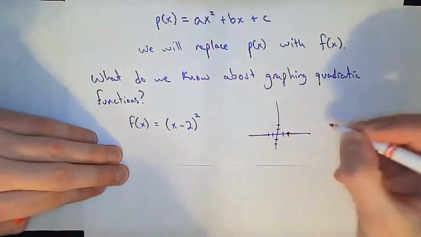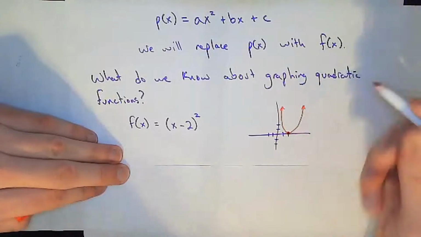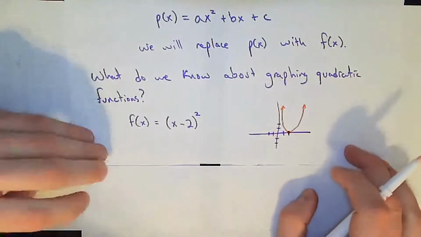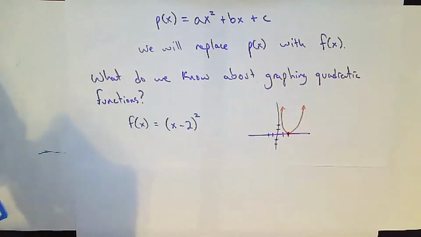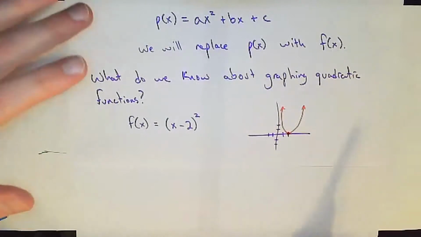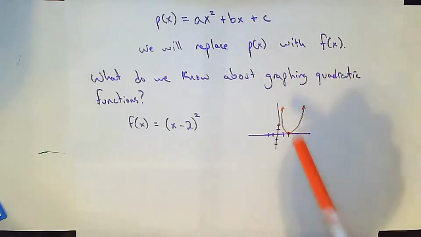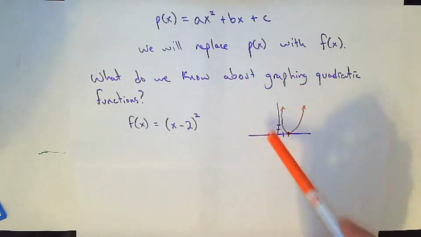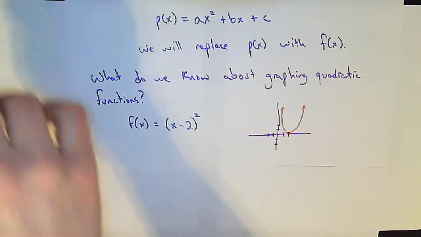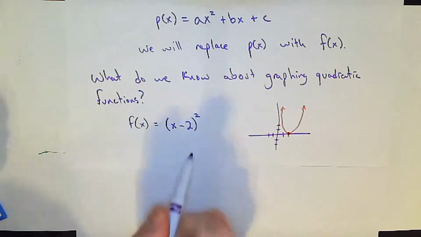So right here, then just sketch the rest of the shape that you know a parabola should generally have. We didn't go into any more details. In 2.6, I said just make sure it's got a general U shape, make sure the legs are pointing the right direction and all that. So we know about this.